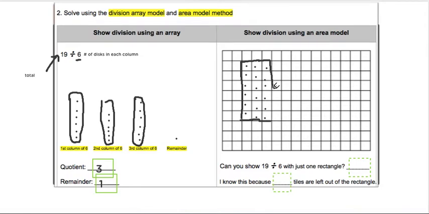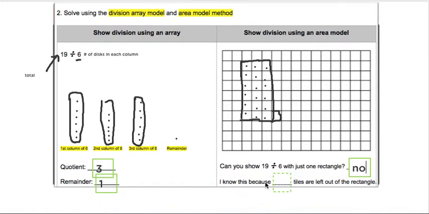No, I can't. So this is going to be my rectangle. And how many would be left over? I have 18. My total is 19. How many tiles will be left out of my rectangle? Good job. 1. Can you show 19 divided by 6 with just one rectangle?